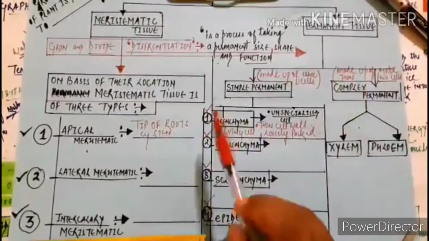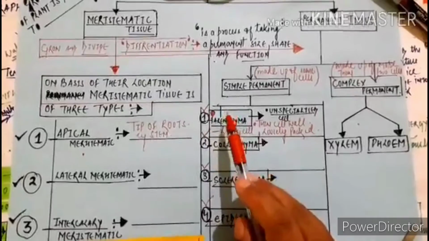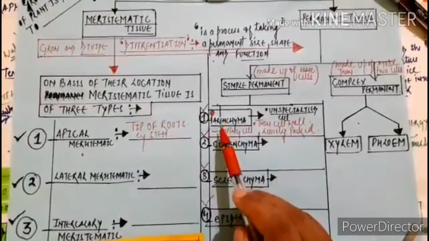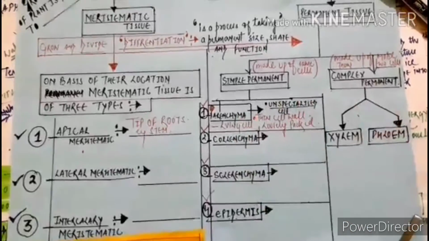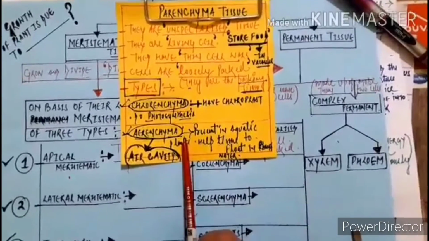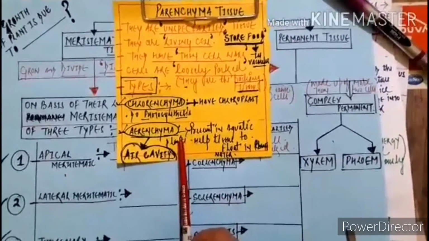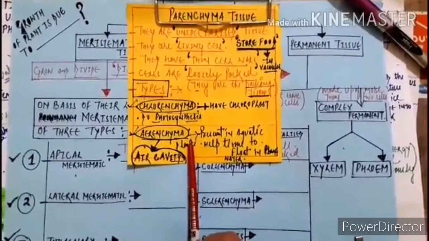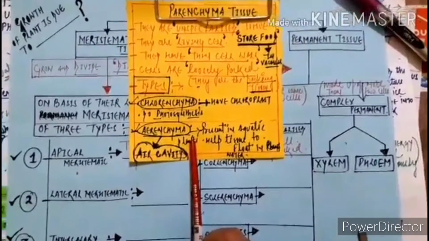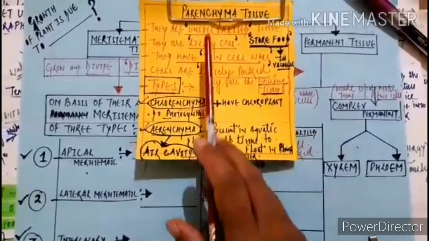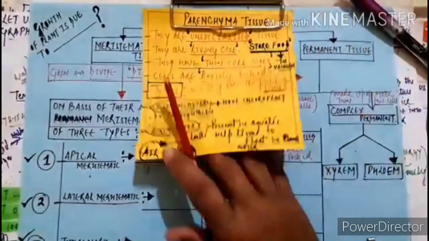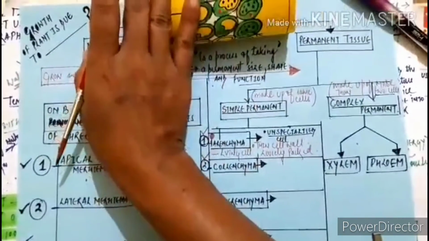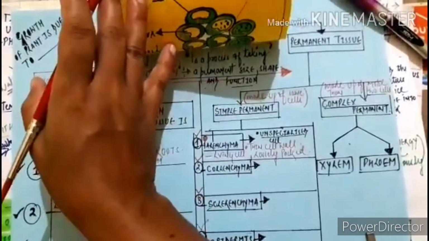Today we will learn about the first simple permanent tissue, that is the parenchyma. As we already know, permanent tissue is categorized into simple permanent and complex permanent.